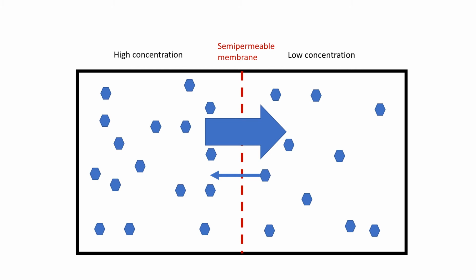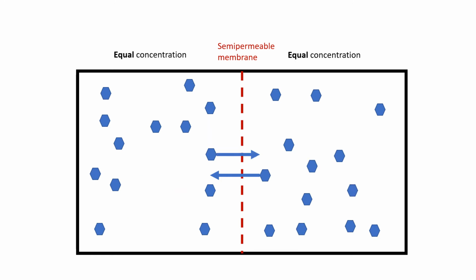And this continues for a while as these sides try to balance themselves out. It continues flowing from left to right in general. But at some point in time, these molecule concentrations on either side balance out and become equal.